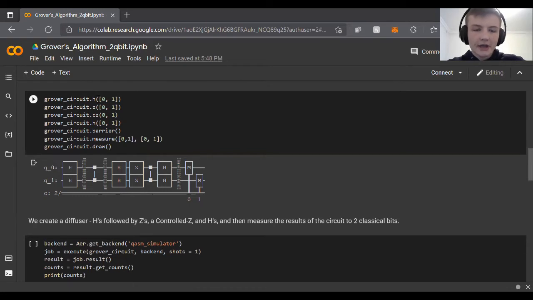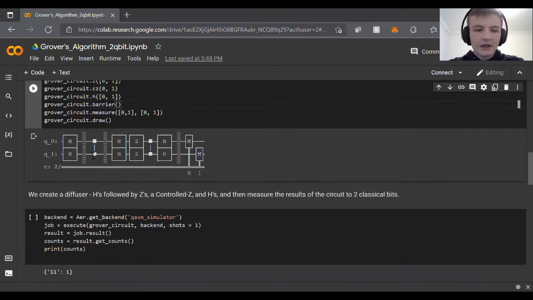We apply an H gate to each of the qubits, and we apply a Z gate much the same way. We will create a control Z where 0 is our control and 1 is our target. We will once again apply the Hadamards in the same way as up here, draw the barrier, we measure them, and then we draw the circuit.